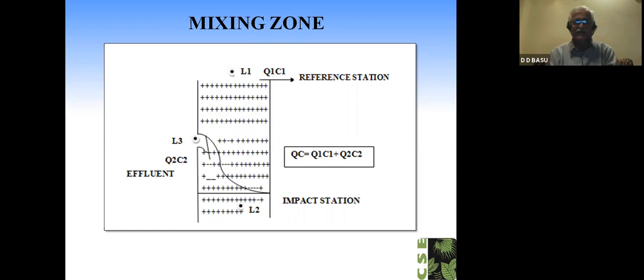I have done these experiments with the help of Mary. Rhodamine B is discharged, it is a red color, and after 5 minutes it is mixing, like at an impact station, and then we select the station here. After a few minutes, after half an hour, the rhodamine B color has faded. Nothing is there. Next.